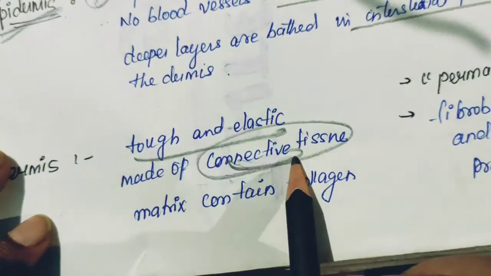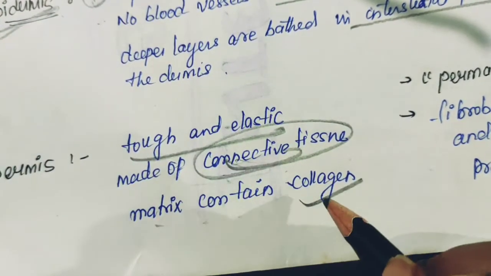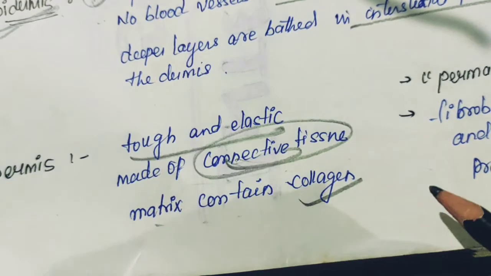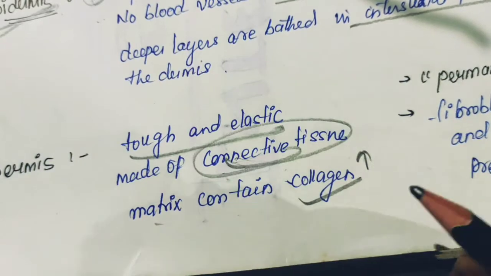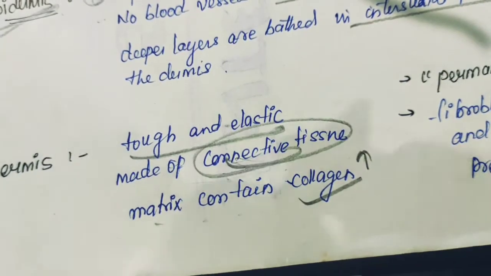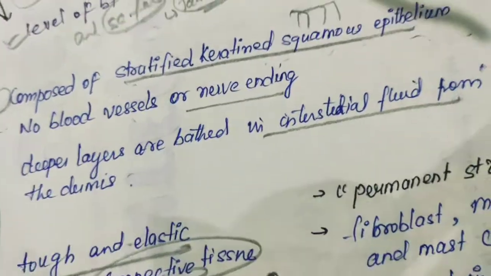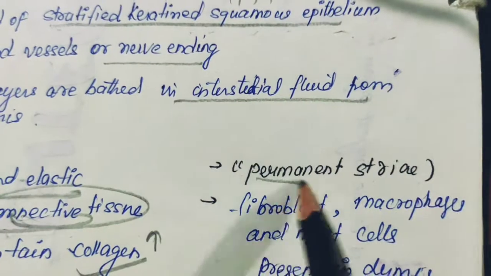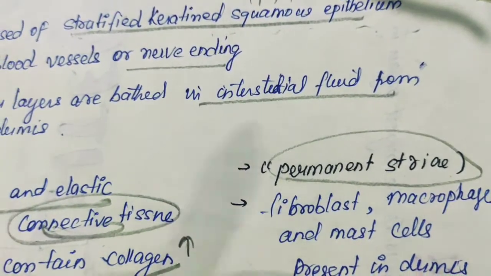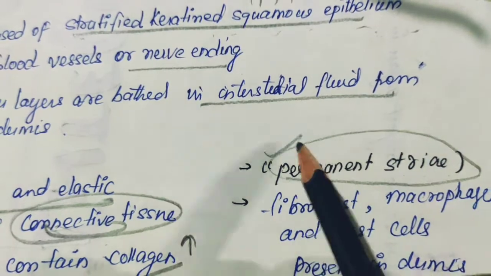It has a matrix containing collagen, which helps prevent skin aging; with more collagen, you will not have skin aging. When the dermis is excessively stretched, it gives you stretch marks, known as permanent striae. In obesity or pregnancy, permanent striae can be seen.